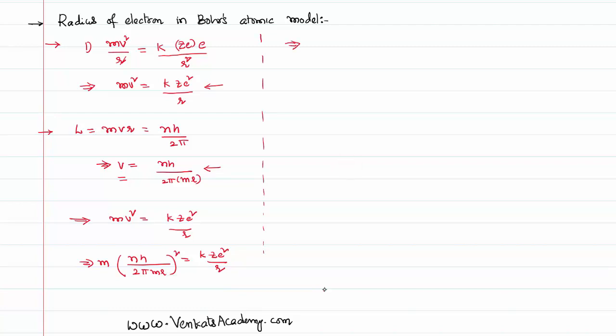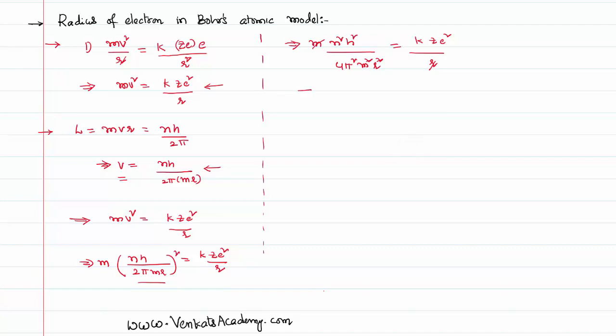Let us simplify this equation further. That implies m n square h square, I'm just squaring this, by 4 pi square m square r square equal to K Ze square by r. We want to write an equation for r. We can cancel one r here, we can cancel one m here. That's it.